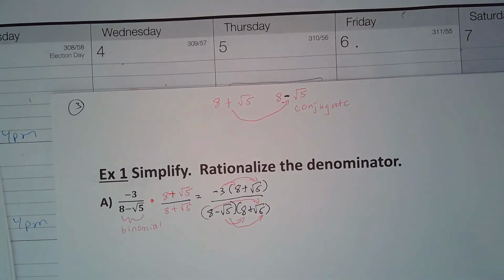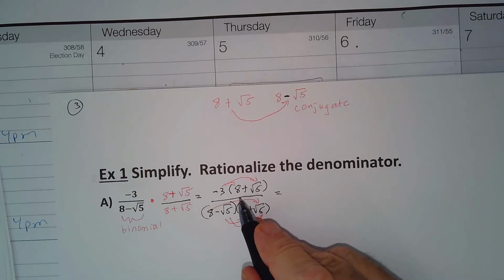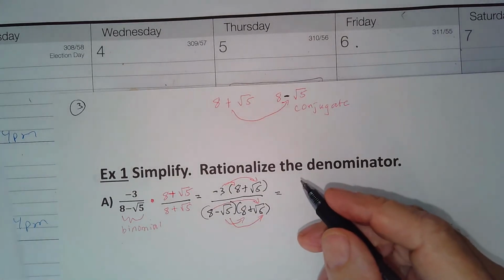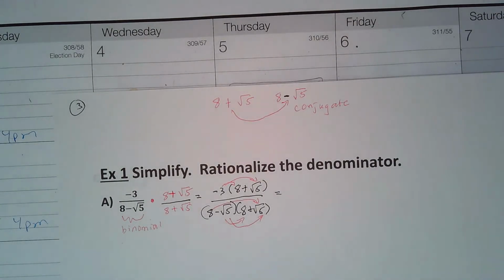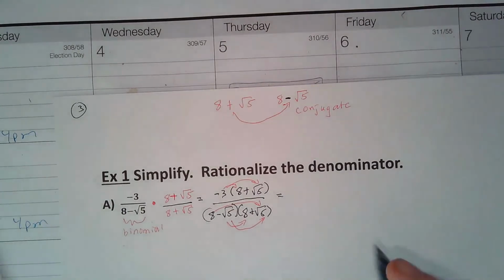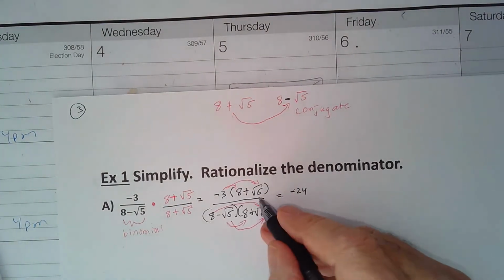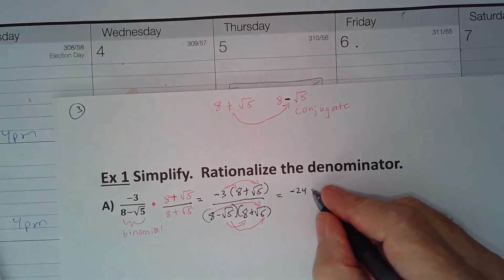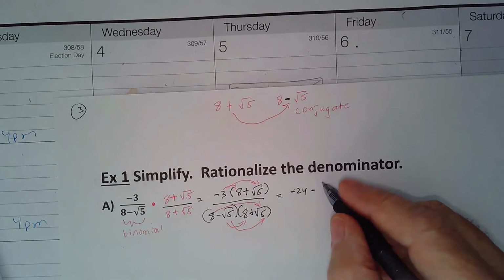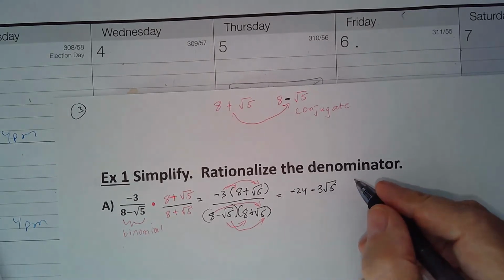All right, so negative 3 times 8 is going to be negative 24, right? And so negative 24, and then negative 3 times the square root of 5 is just that, negative 3 square root of 5. Right?